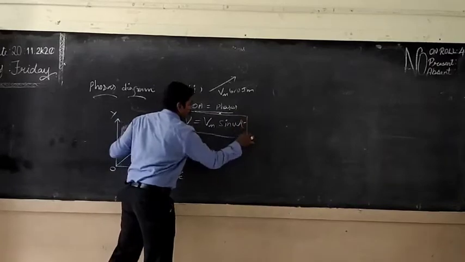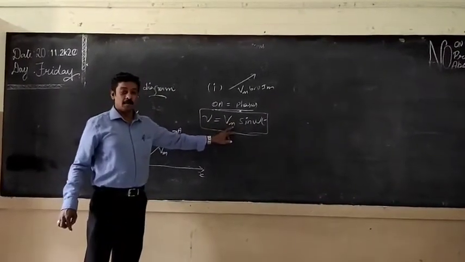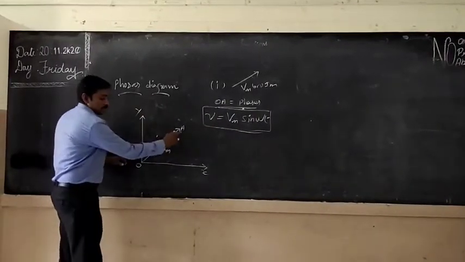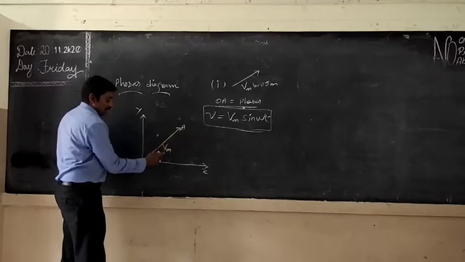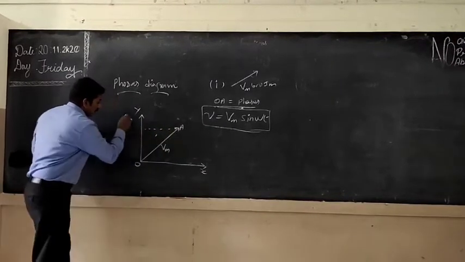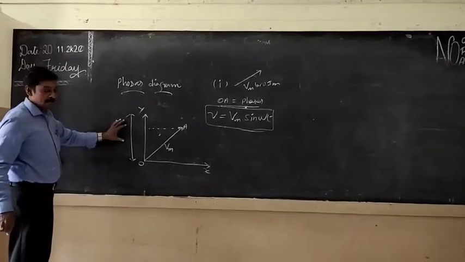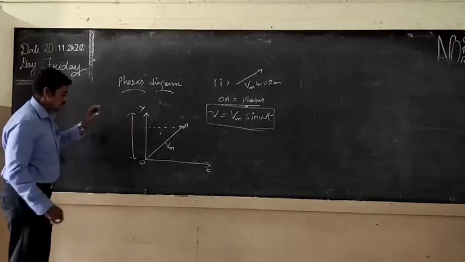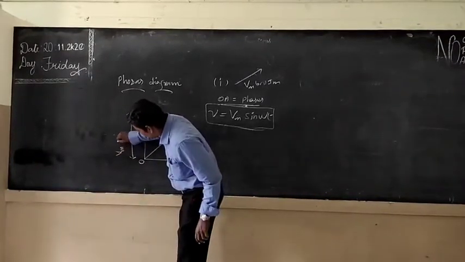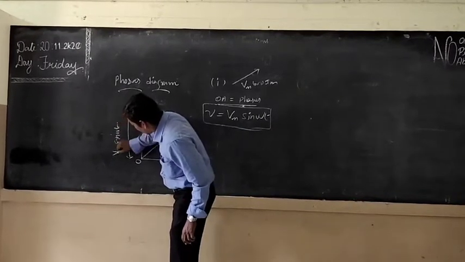I am going to draw the phasor diagram for this instantaneous voltage and the peak voltage Vm sin omega t. OA represents the maximum value of voltage Vm. So now the projection of the phasor on the y-axis shows the instantaneous voltage Vm sin omega t.